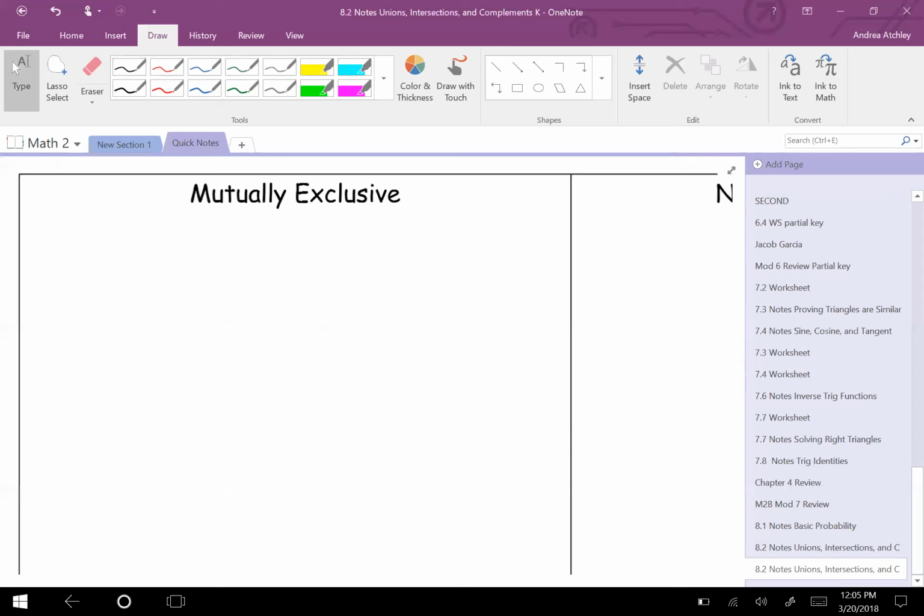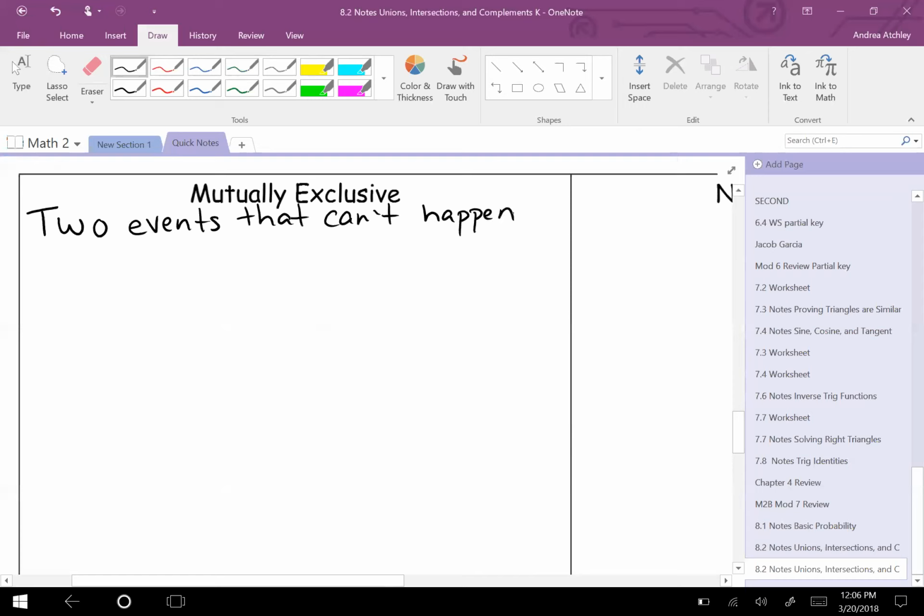Okay, 2 events. Mutually exclusive means 2 events that can't happen at the same time.